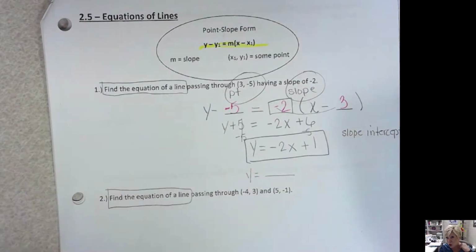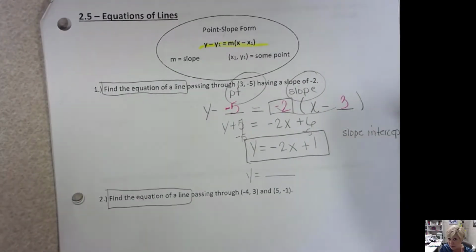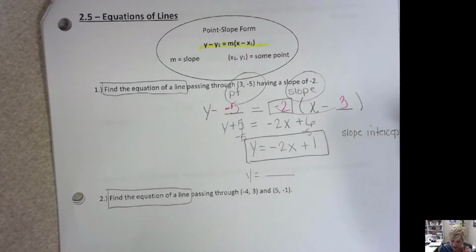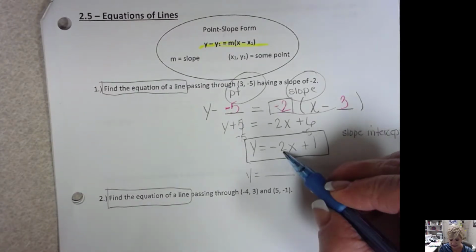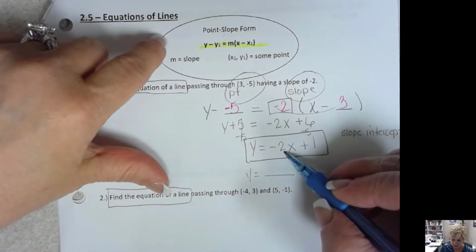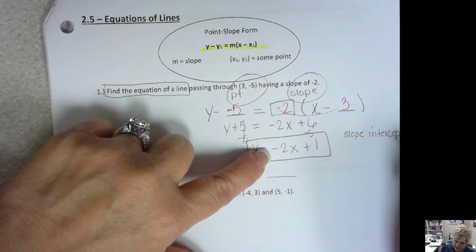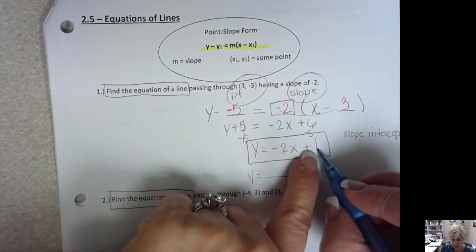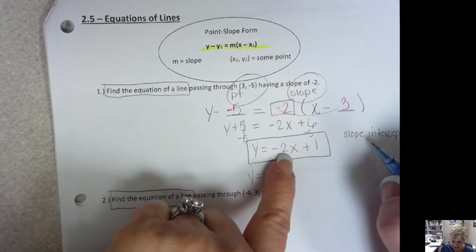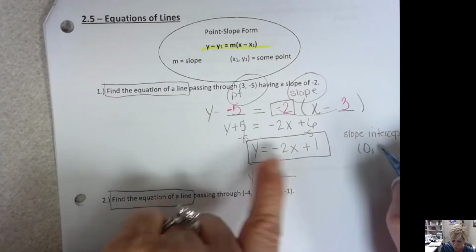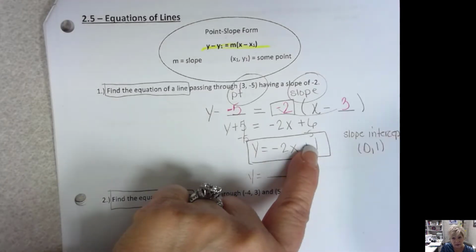We call it slope-intercept. Remember, we talked about intercepts. And slope is m, right? So your slope is -2. Your intercept, if x is 0, then y would be 1.